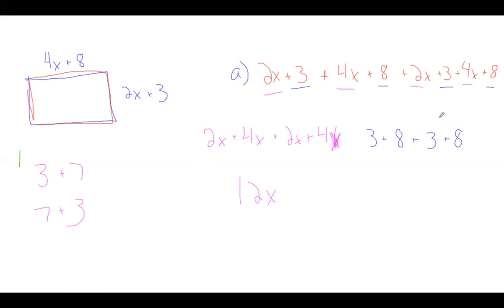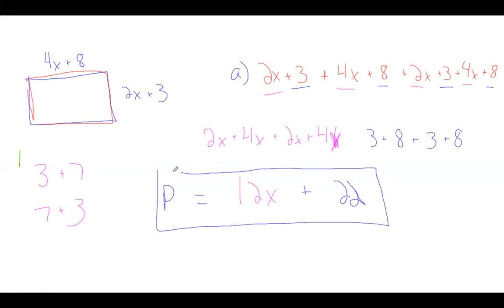And that's going to be 22. So I'm going to have 12x plus 22. So perimeter is equal to 12x plus 22. I just add up all the sides and then combine the similar terms. The x's can all be combined and the numbers can all be combined.